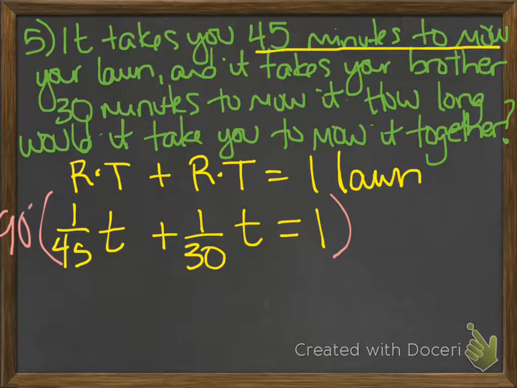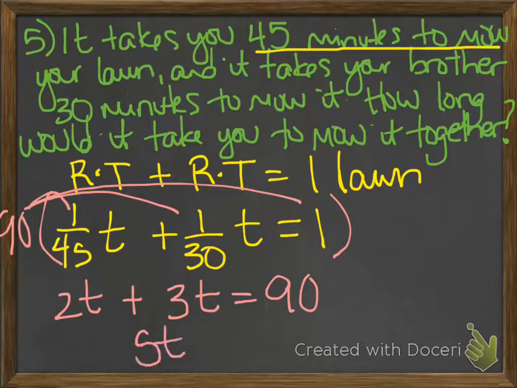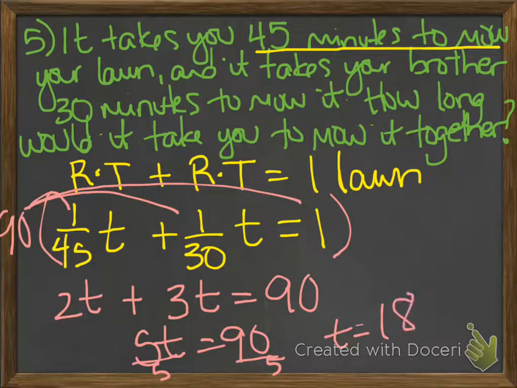So if I multiply 90 by 1/45, I'm going to get 2t, plus 90 times 1/30, I'm going to get 3t, equals, don't forget to multiply the whole equation, 90 times 1 is 90. This is a fairly simple equation to solve. 2t plus 3t is 5t, equals 90. Dividing both sides by 5, I get that t equals 18.